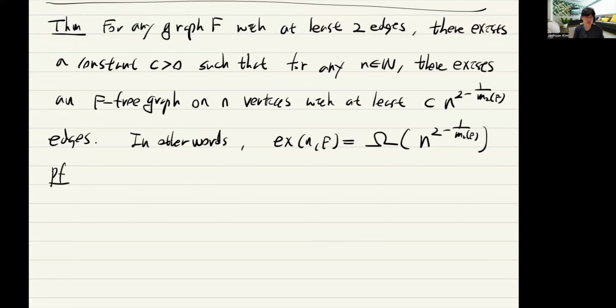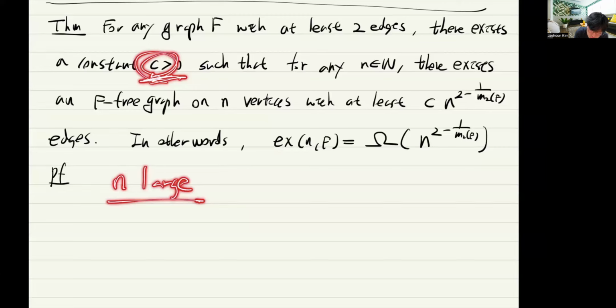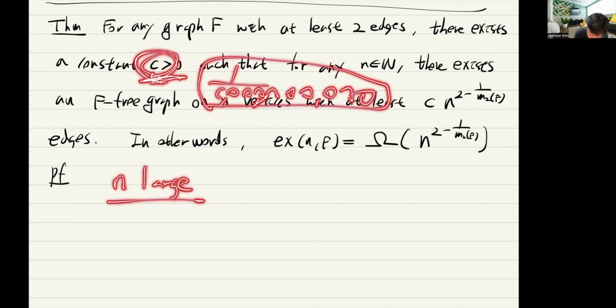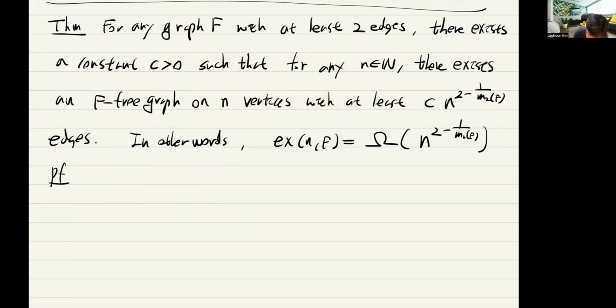So how do we do it? First, for this kind of statement, we can assume that n is large, because this constant is our choice. So we can choose this as a small number, say 1 over a billion. If we take C as 1 over a billion, then this statement becomes almost trivial when n is at most 10,000.